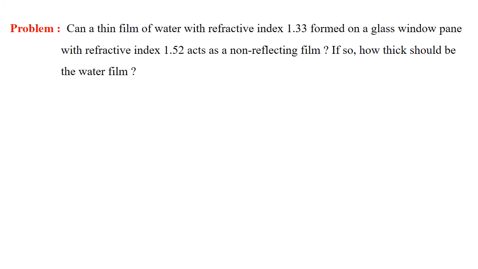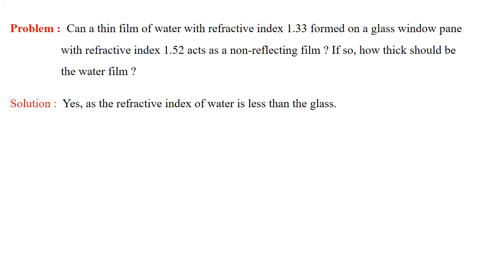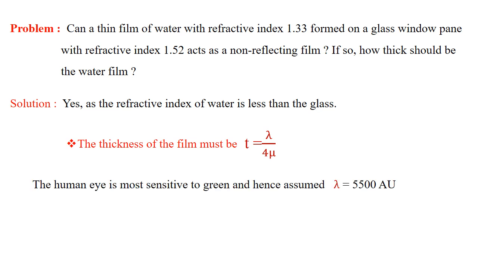So this slide gives us the solution of the problem. Yes, we can say that the film of water can act as a non-reflecting film because the refractive index of water is less than the glass and greater than the air. The thickness of the film must be lambda upon 4 mu. So we can put in the values.